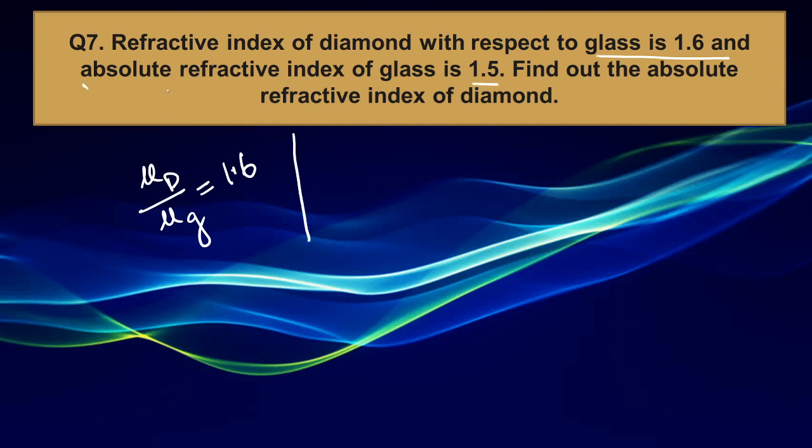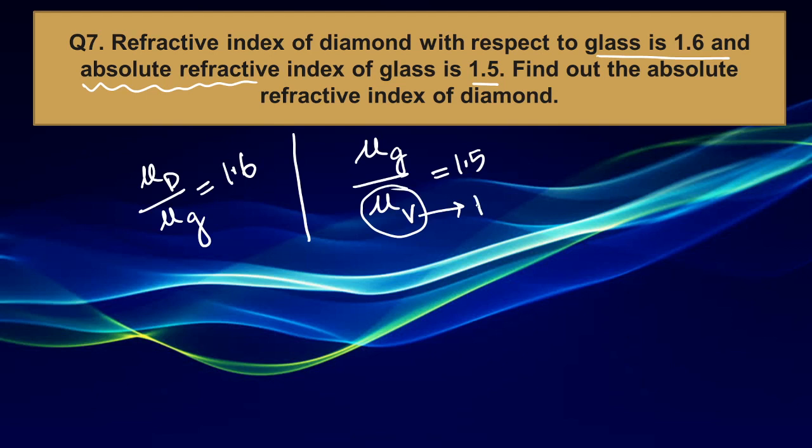We know whenever absolute refractive index is there, it is nothing but refractive index with respect to vacuum, that is given 1.5. With respect to vacuum, refractive index is always 1. It means mu g equals 1.5. So mu of diamond will be 1.6 into 1.5. If you multiply, it will come about 2.4. Clear? So this is our answer.